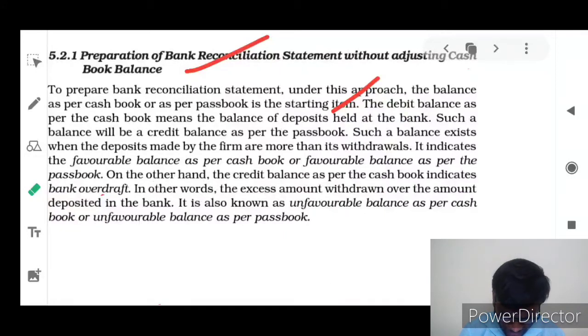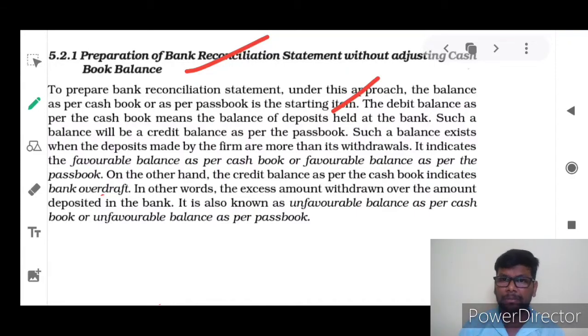So bank balance wise, bank passbook wise, credit balance is favorable balance, cash book wise, debit balance is favorable balance. So anyway, what is the meaning of favorable balance? Available amount. We are having some fund. We are having amount in our bank. We are having balances in our bank plus balance, which is favorable balance.